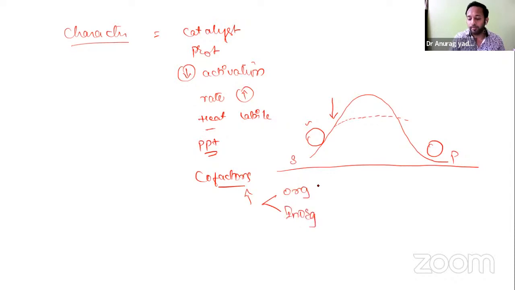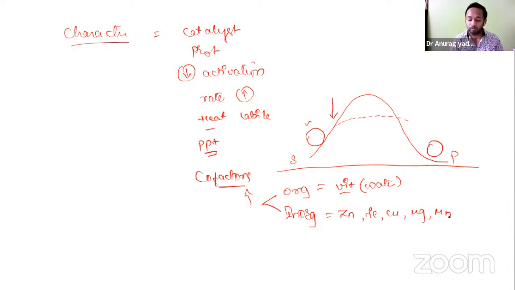If organic, most commonly the water soluble vitamins; their active forms are most commonly seen along with the enzymes. Inorganic can be any mineral, for example zinc or iron, copper, manganese, magnesium. All these can be the metal ions associated with the enzymes as cofactors.